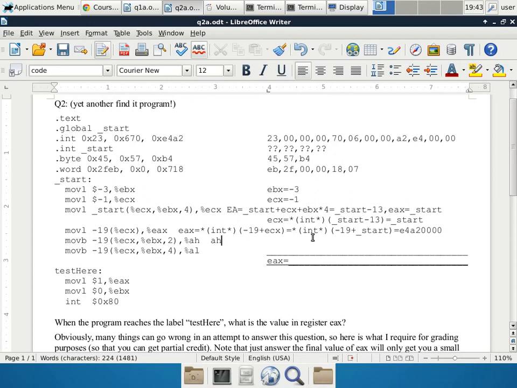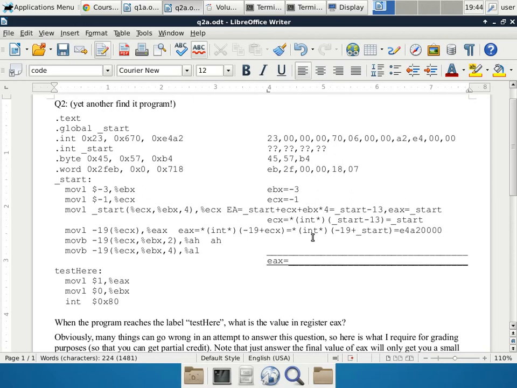That's the beginning point of the entire program. And then after that we have 4, 5, 5, 7, B4, and then we have E2F, 0, 0, 0, 0, 1, 8, 0, 7. This is where _start is.